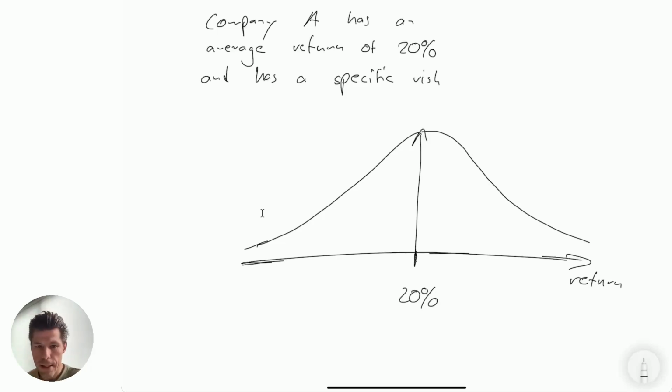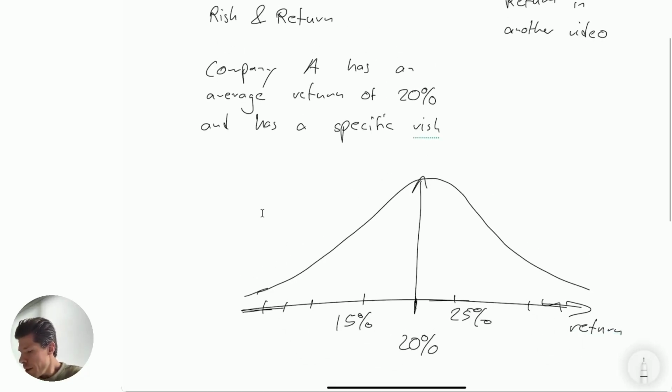You may have seen this curve, the normal distribution. So here we have 25%, here we have 15%, and so on. What we mean by expected return is basically the midpoint of this normal distribution, but it can be higher and it can be lower.